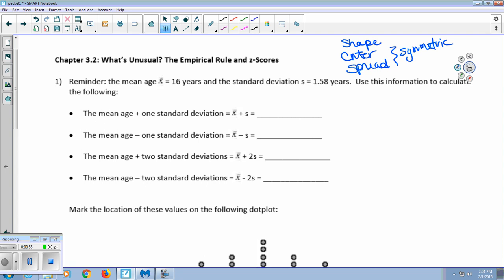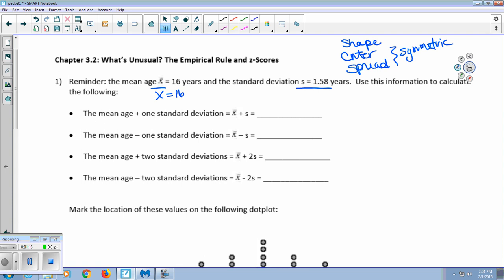data to be. So let's look at the same example we talked about in section 3.1, where we had years, and we had that the mean age was 16 and our standard deviation was 1.58.